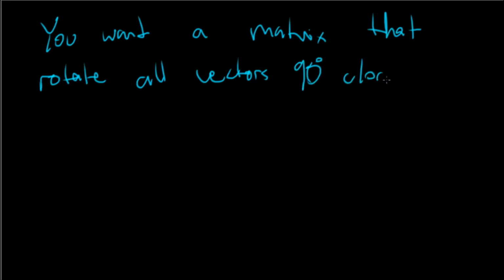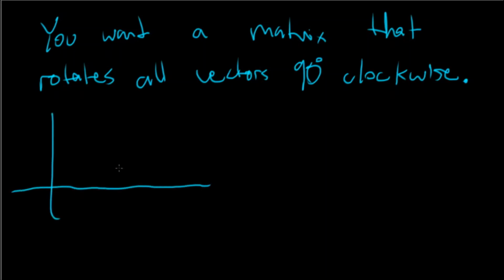Let's go with clockwise. Less letters for me to write. Yes, I know you already know this, but let's pretend like we didn't. You want a matrix that rotates all vectors 90 degrees clockwise. Your goal is to figure out the image of the 1, 0 vector and the 0, 1 vector. And then that is your matrix that does the rotation.